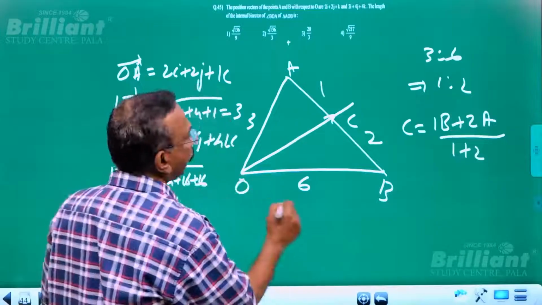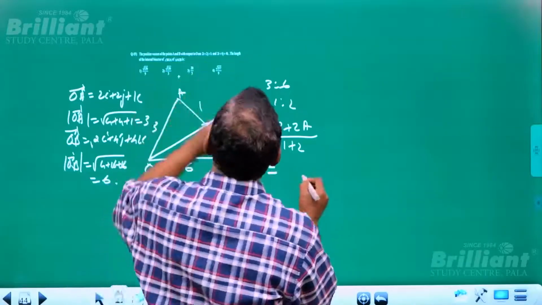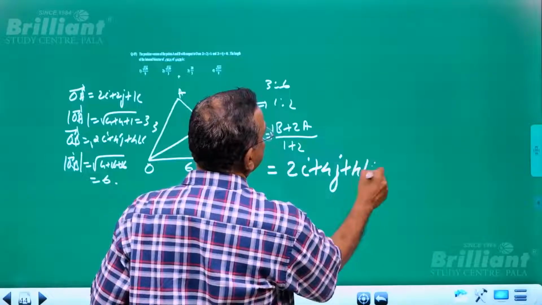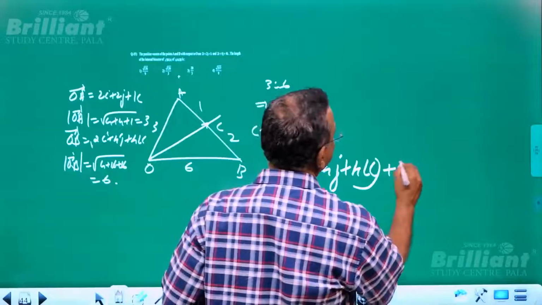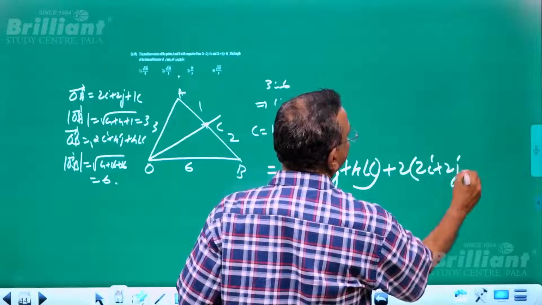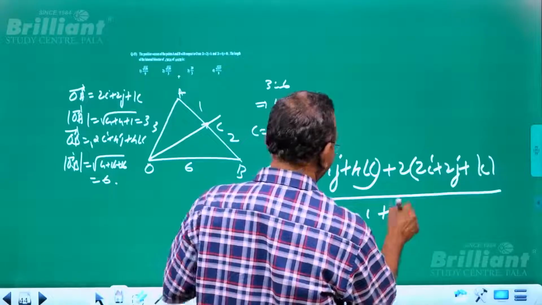Therefore, we can proceed: that is equal to 1 times B, our vector B bar, which is 2i plus 4j plus 4k, and A bar is 2 times, that is 2 into 2i plus 2j plus k, divided by 1 plus 2.